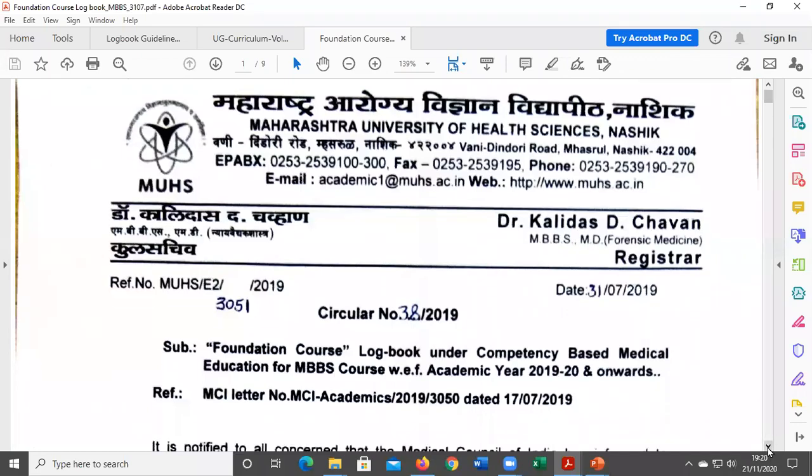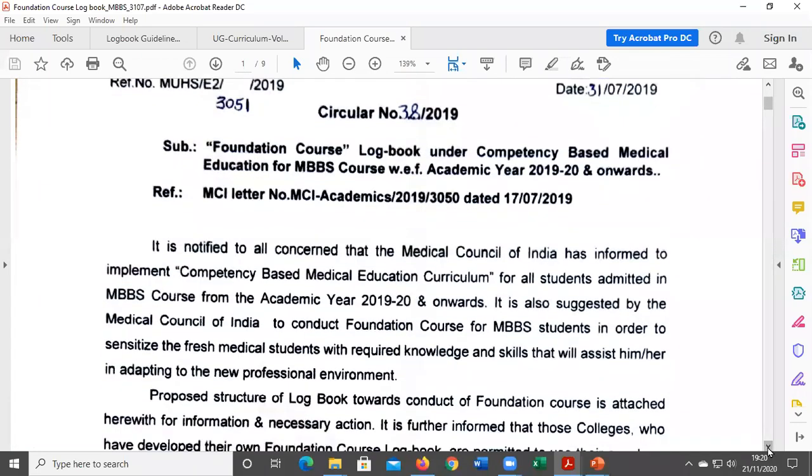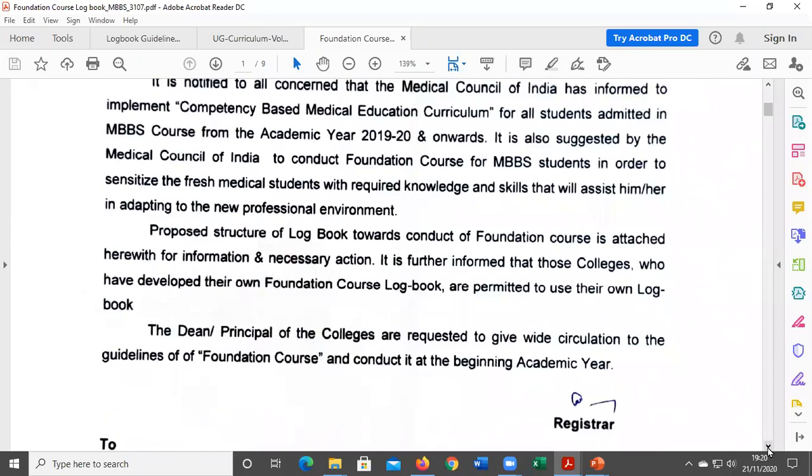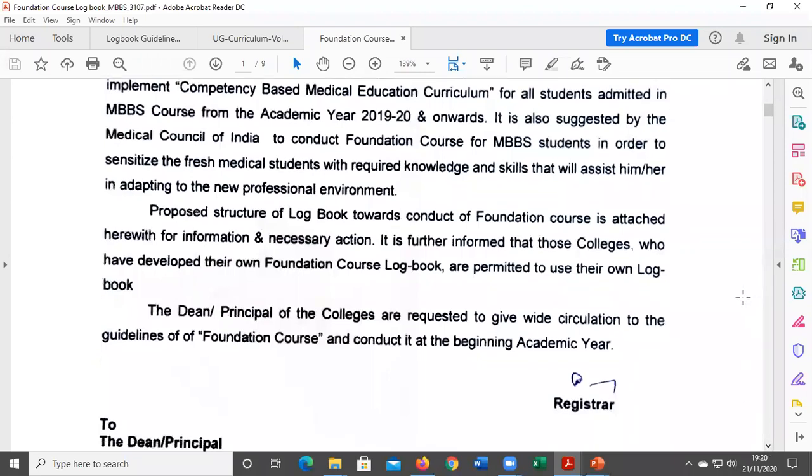So this was the notification dated 31st July 2019, regarding the logbook for the foundation course. It was just a guide that was given. However, colleges were permitted to modify it as per their own scheme of things.